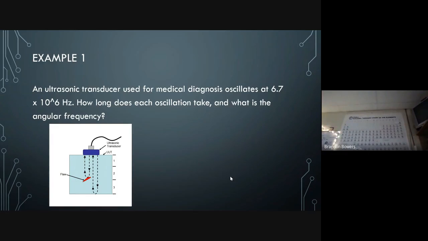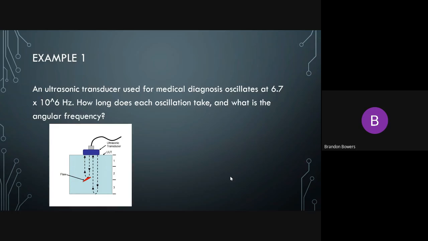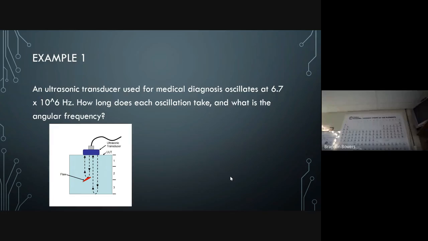Okay. So what I would recommend is always keeping our 3 equations written down. Equation number 1: frequency is 1 over time. Equation number 2 was angular frequency: angular frequency is equal to 2 pi frequency.